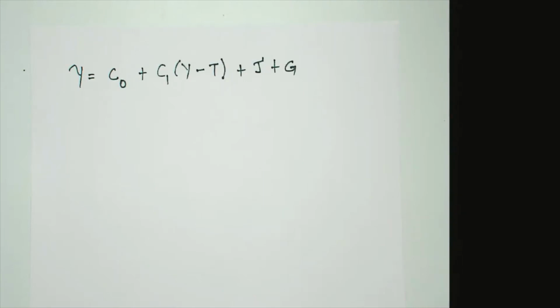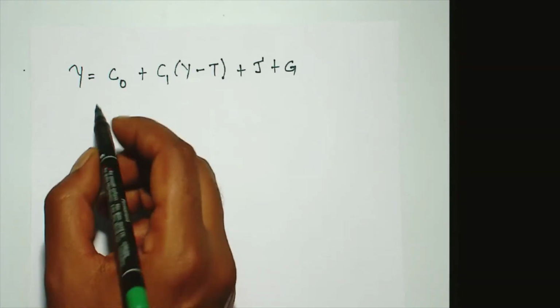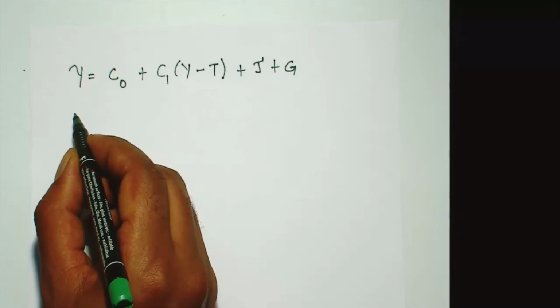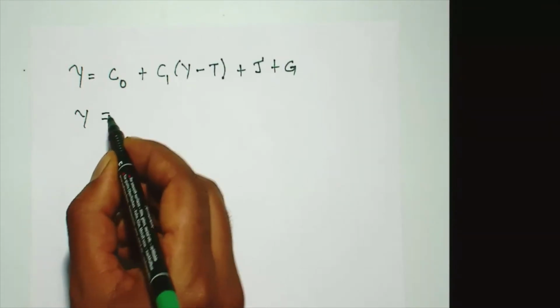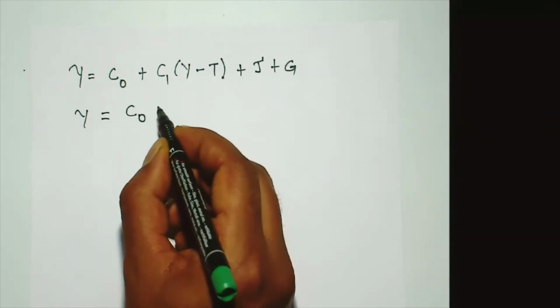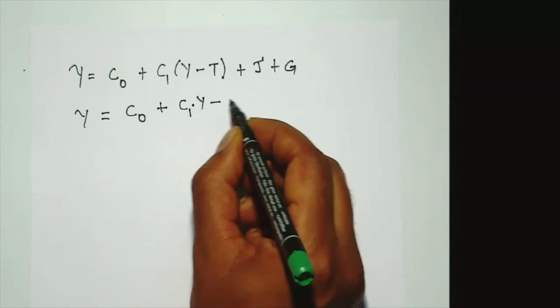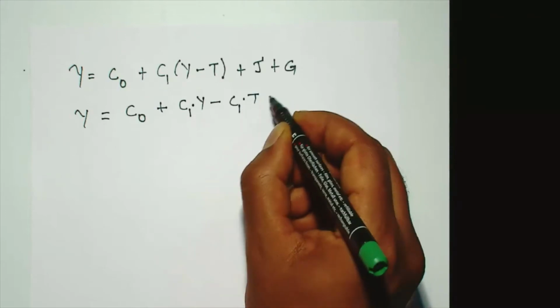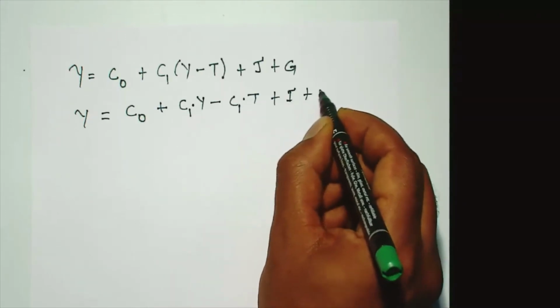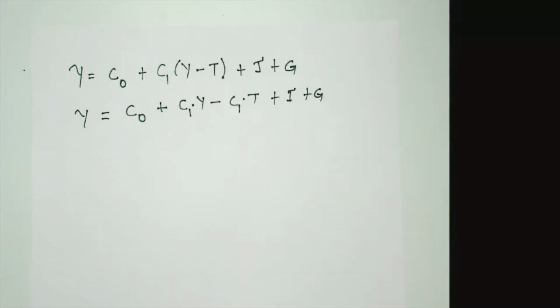The domestic goods market equilibrium condition is given in this formula, and we have the values already given to us. So in the usual procedure, we would get rid of the bracket on the right-hand side by multiplying C1 with Y and C1 with T, plus investment plus government expenditure.